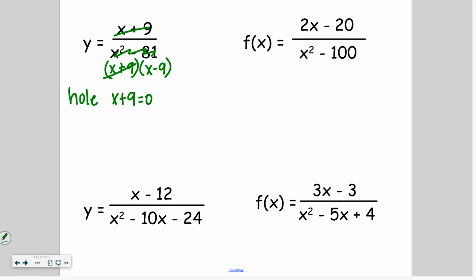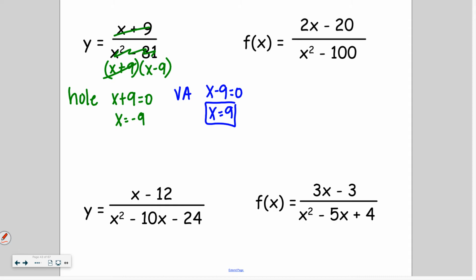So that means x is equal to -9. There's a hole. For a vertical asymptote, it's what's left over. So we have a vertical asymptote where x minus 9 is equal to 0. We solve that out. x is equal to 9.